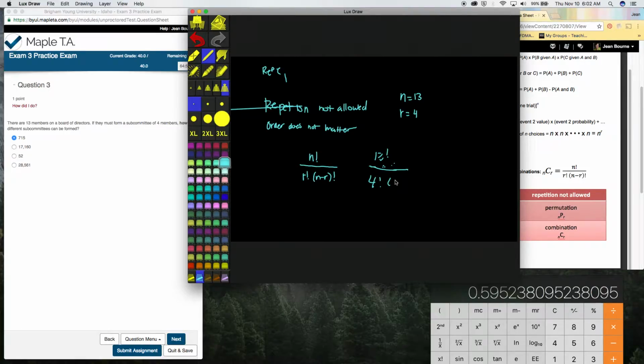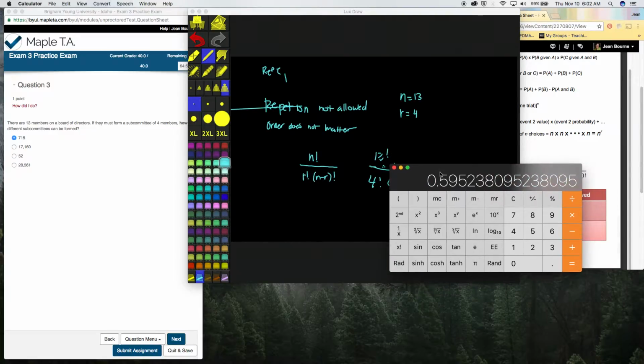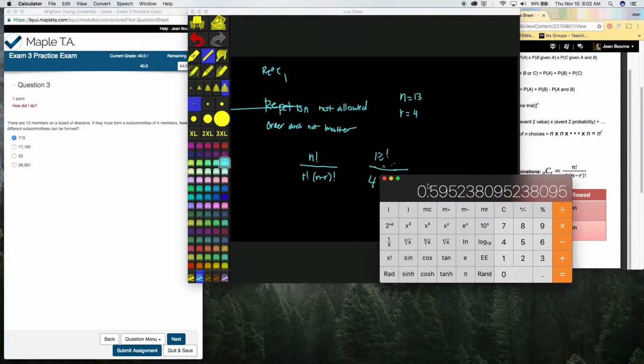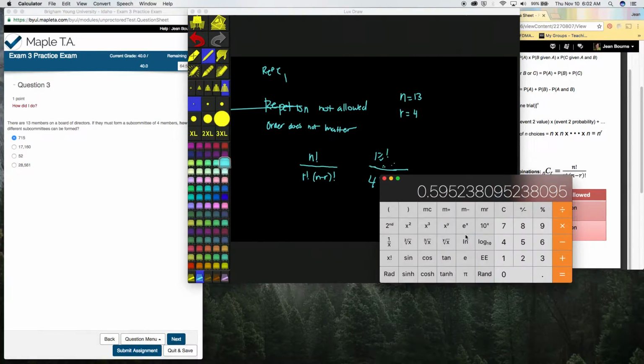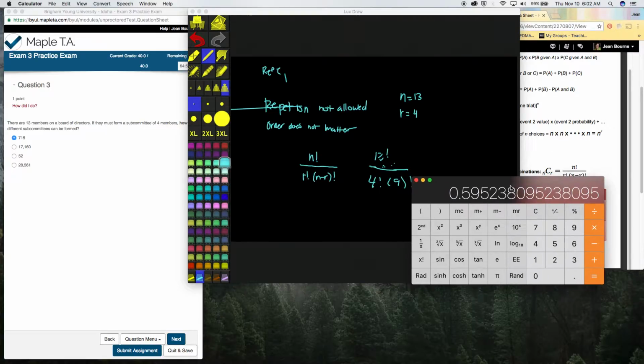Now this is going to be N minus R, which is 13 minus 4, which is 9. My favorite way to do these is on my calculator. If your calculator doesn't have these, you can find an online calculator that does.